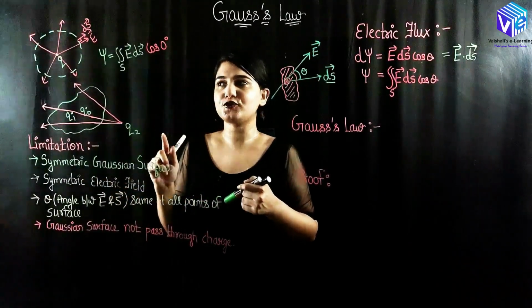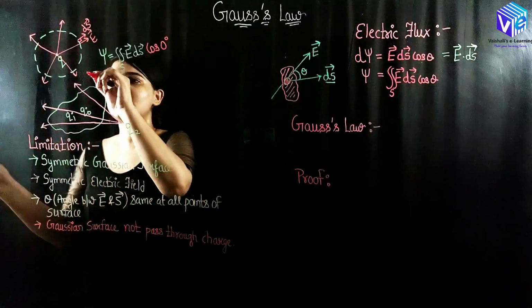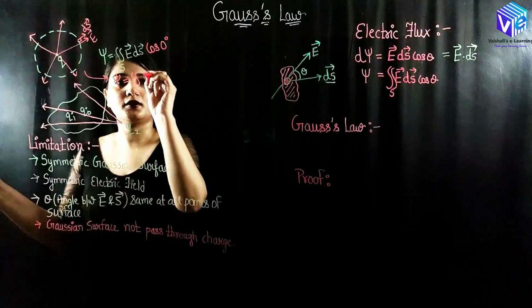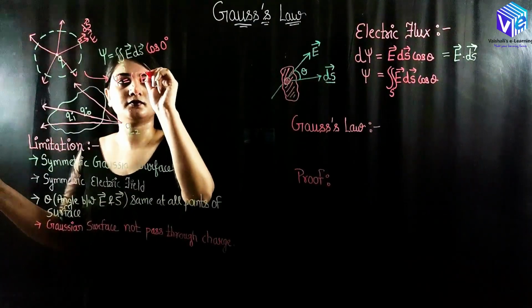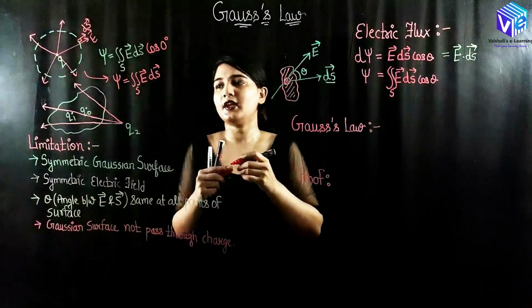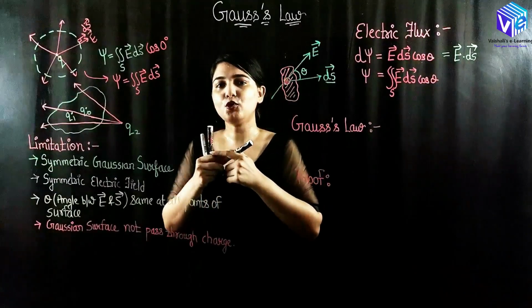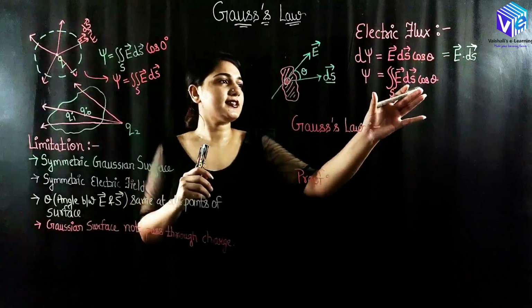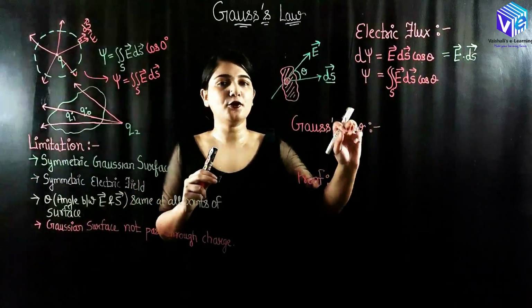So I can write cos of 0. In this case, psi will be equal to the integration of E ds over the surface. This is my formula to find psi.